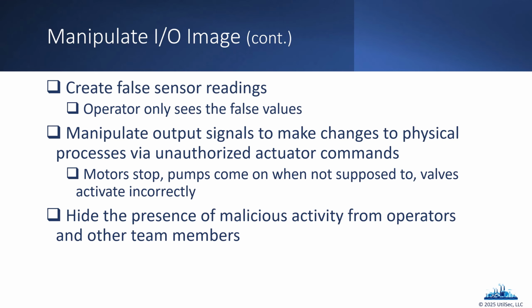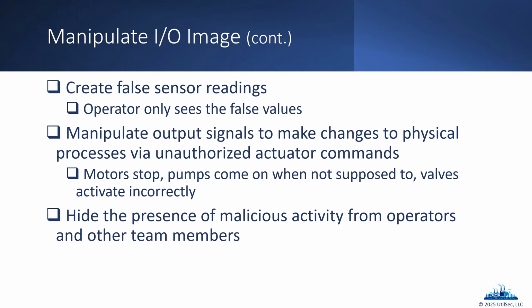Of course, we've already started to see some examples, and we're going to get into more examples as we go throughout the rest of the course, because we can manipulate those values in memory to do things like create false sensor readings. Very similar to Stuxnet, where the operator sitting in the control room saw everything looking perfectly fine, even though behind the scenes those centrifuges were physically breaking down.